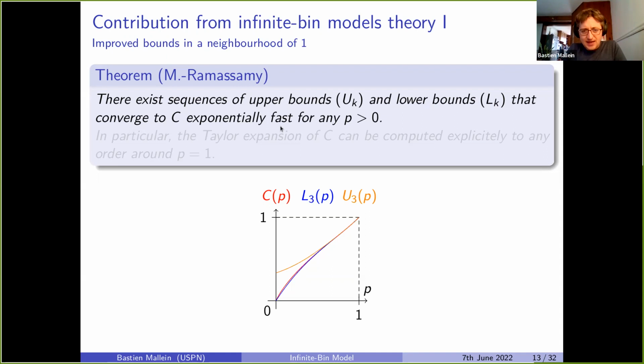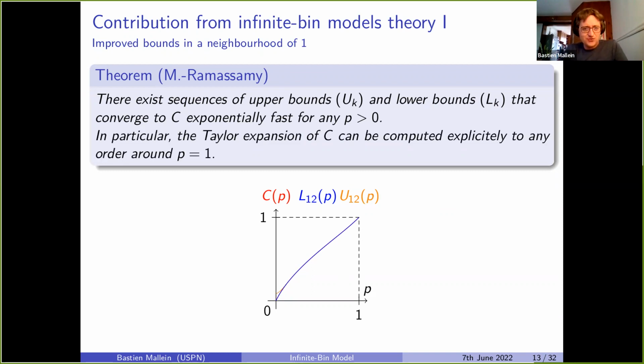Using the Taylor expansion of my lower and upper bounds, which are just very nice ratios of polynomials, we were able to compute the Taylor expansion of the function c up to a large order. In theory up to any order, but in practice only up to a finite order before the computer starts crashing.